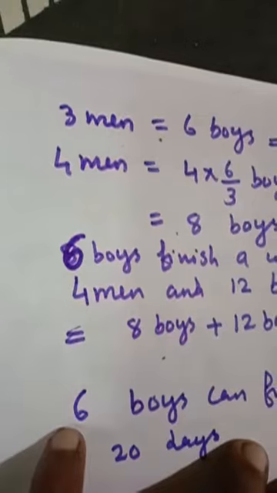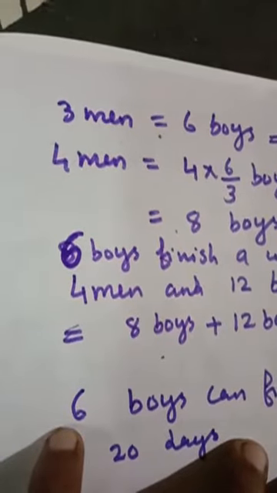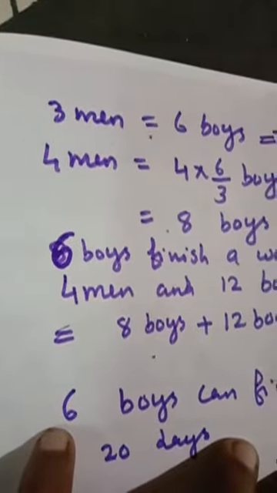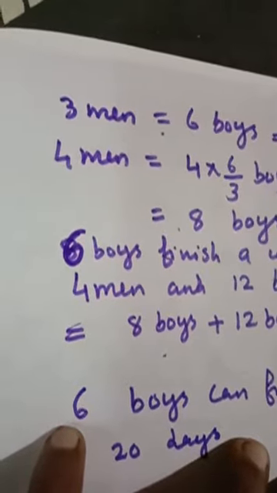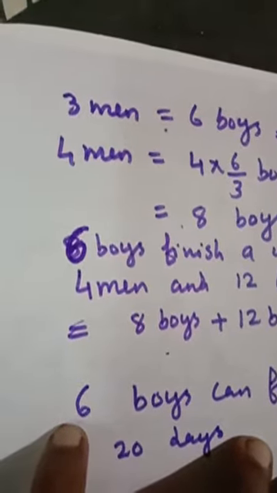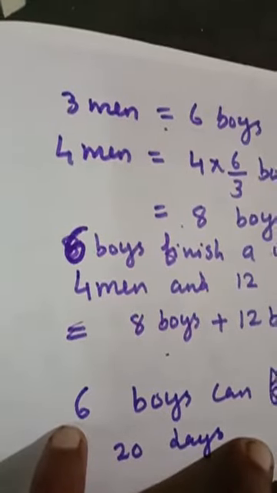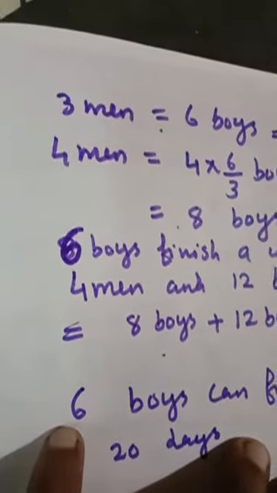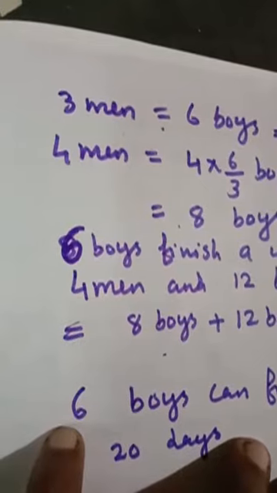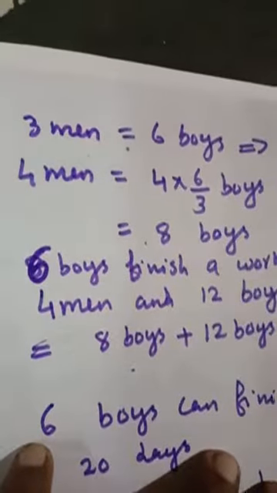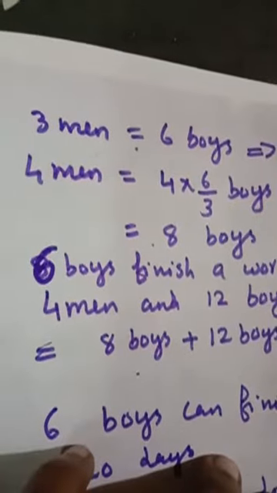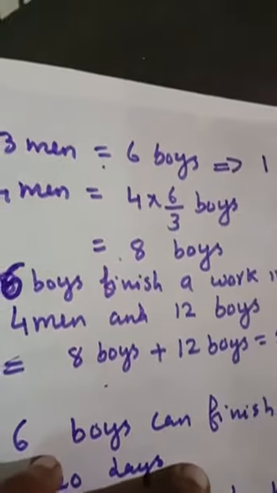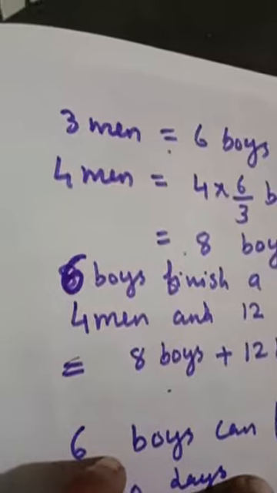Energy levels are entirely different between man and boys. In the same way, man and woman, the energy level is different. Now compared to men, the boys' energy level is very less, you know. So 6 boys are needed to complete a work.